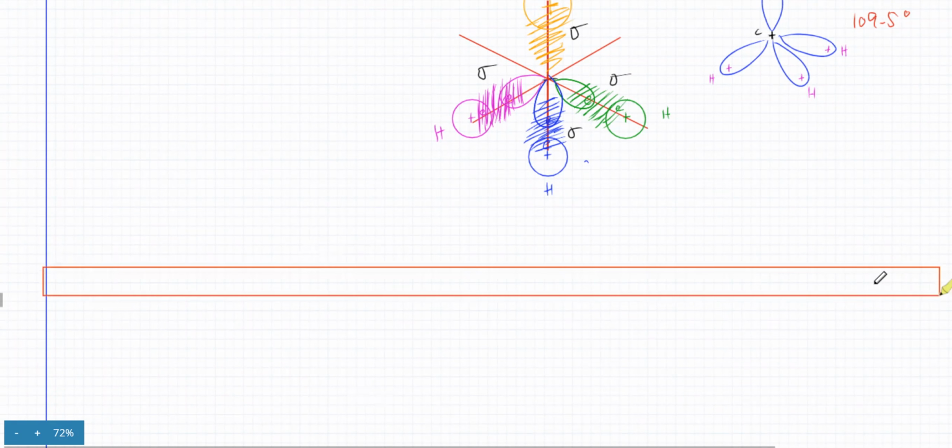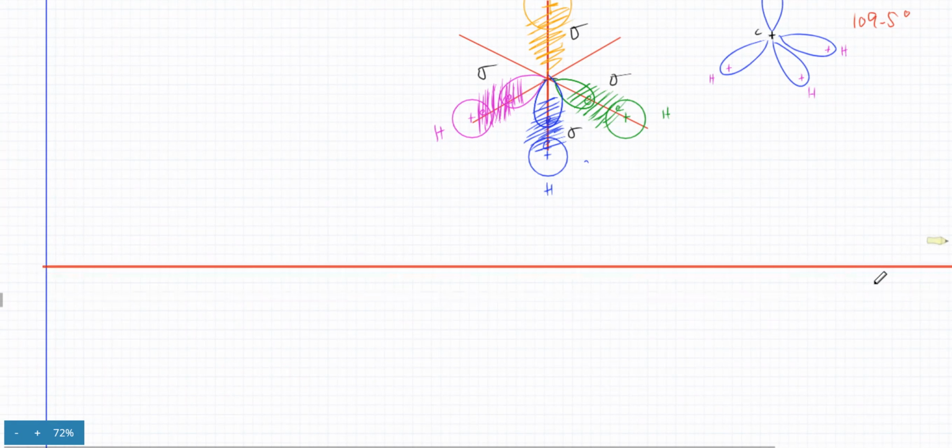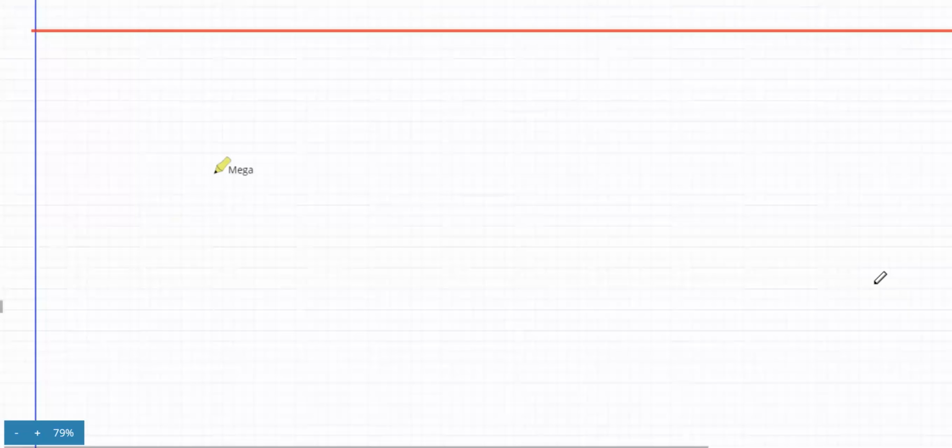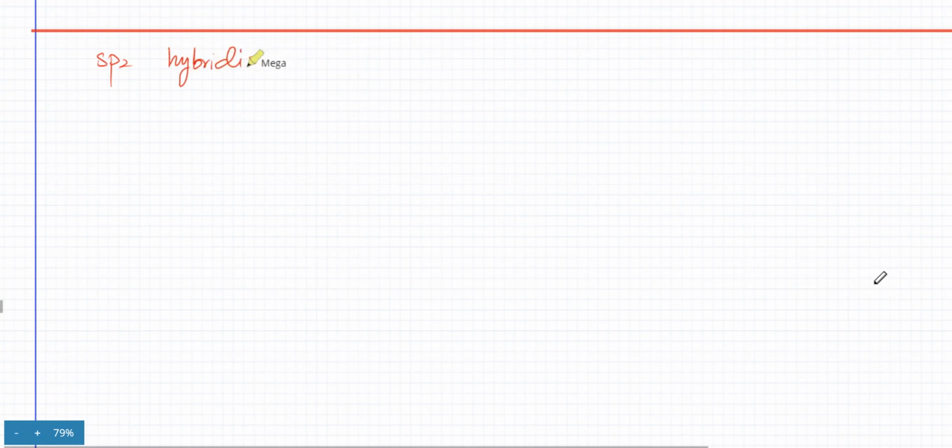The next one is referred to as sp2 hybridization. Now, again focusing on carbon, when does sp2 hybridization happen?